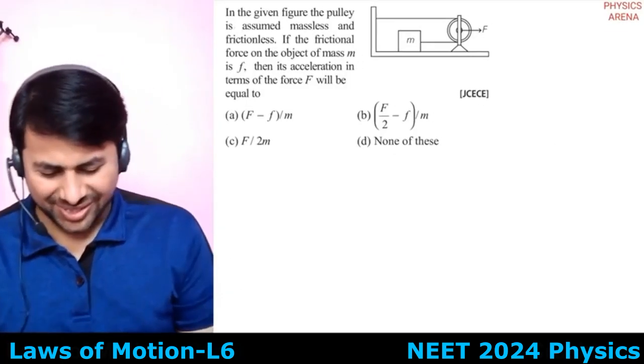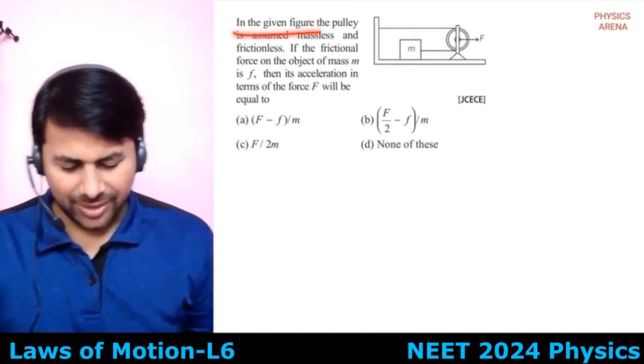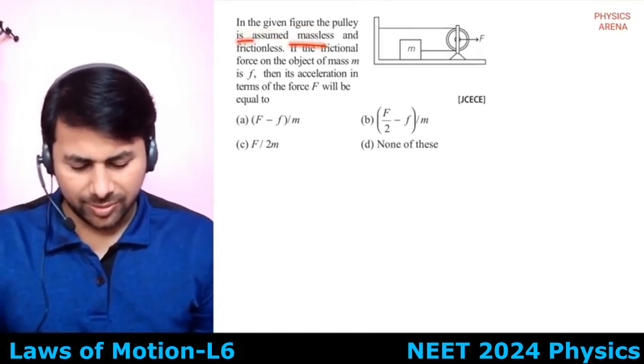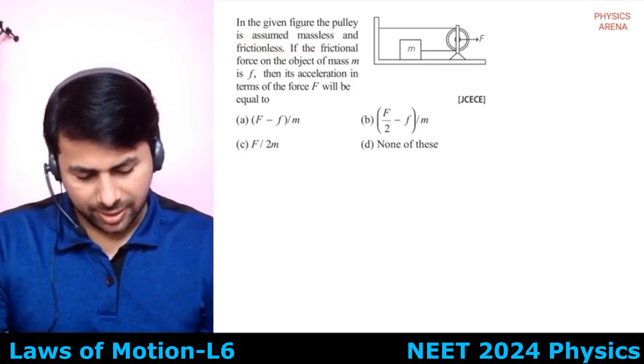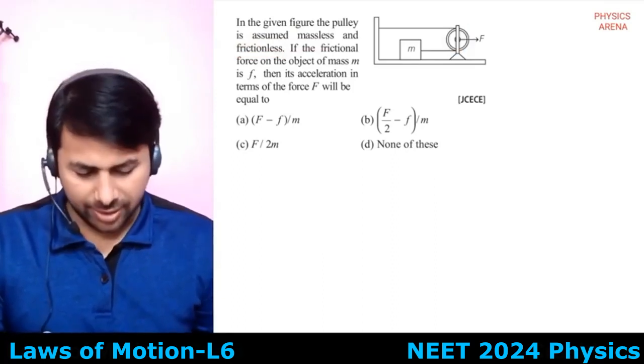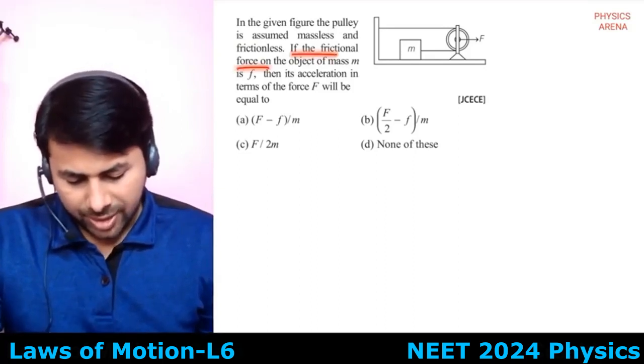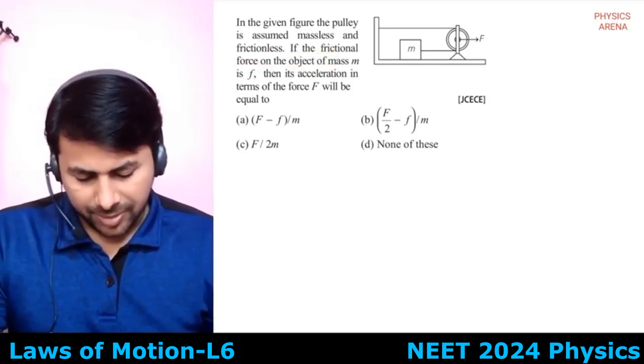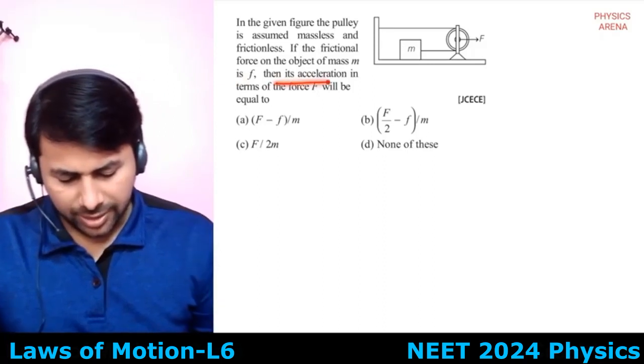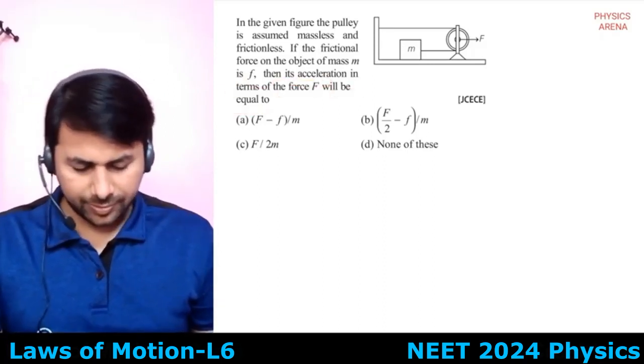All right, next question. In the given figure, the pulley is assumed massless and frictionless. So this pulley is massless, doesn't have mass, and it is frictionless too. If the frictional force on the object of mass m is f, then the acceleration in terms of force F will be equal to.